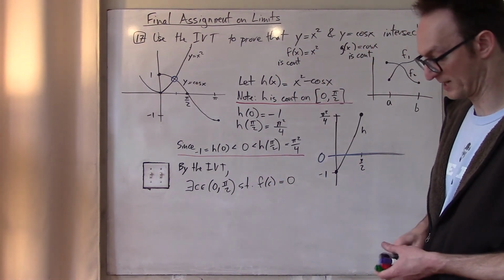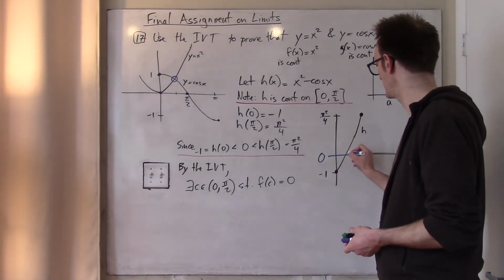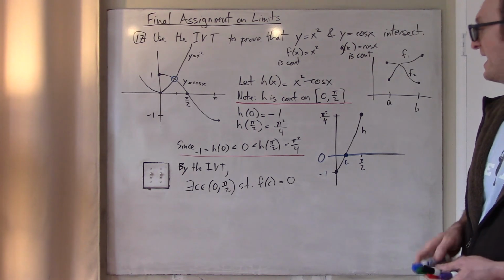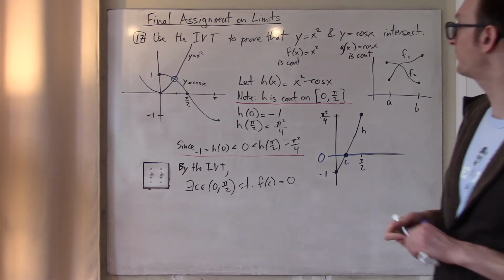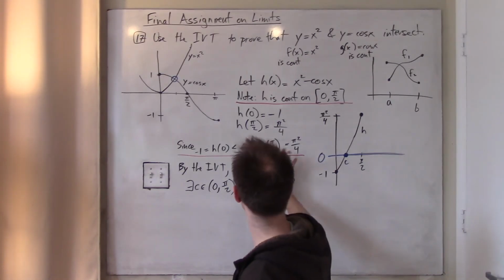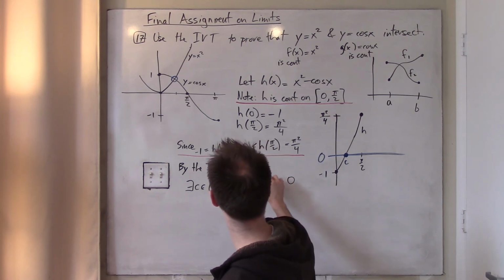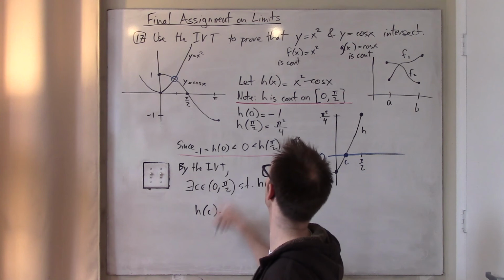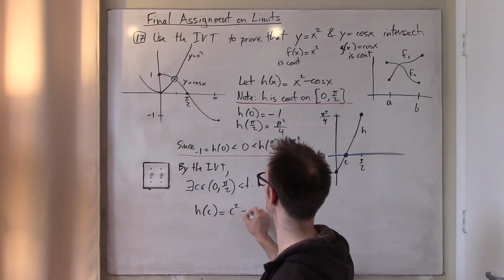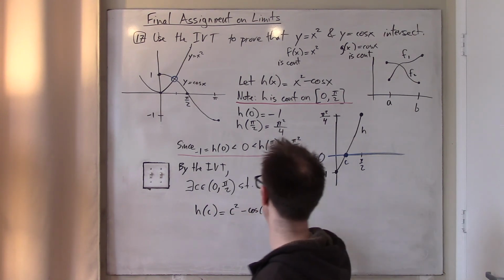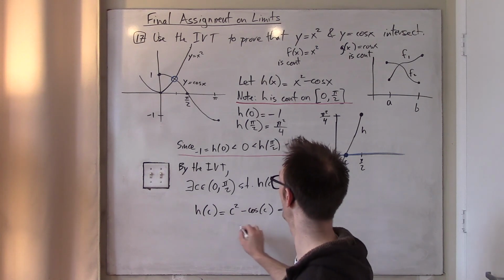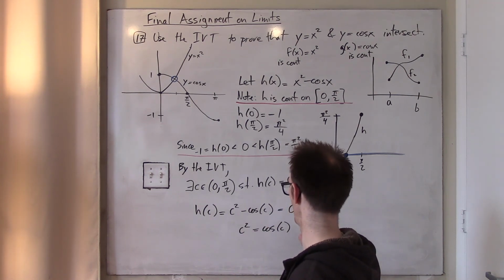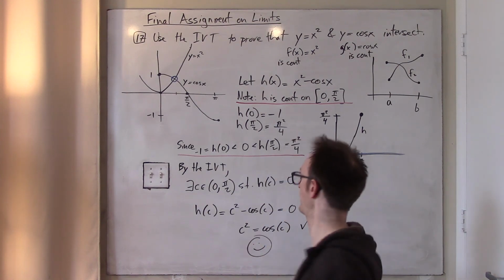And so this is my value of c right here. Okay, why is that helpful? Sorry, I'm talking about the h function. So what do I know? I know that h(c) is 0, but what is h(c)? h(c) is just c squared minus cosine of c. And if that's 0, then c squared does equal cosine c. And so that's what I needed to show.